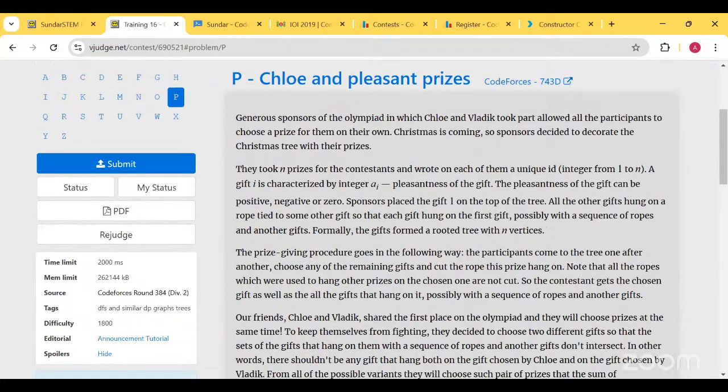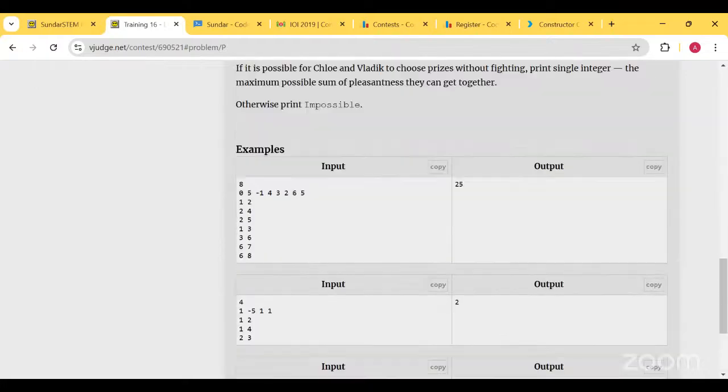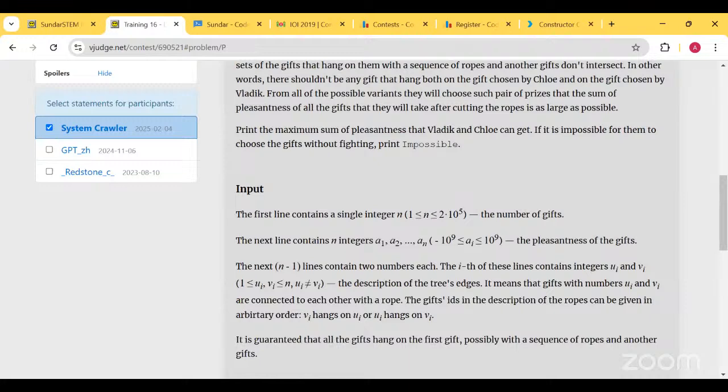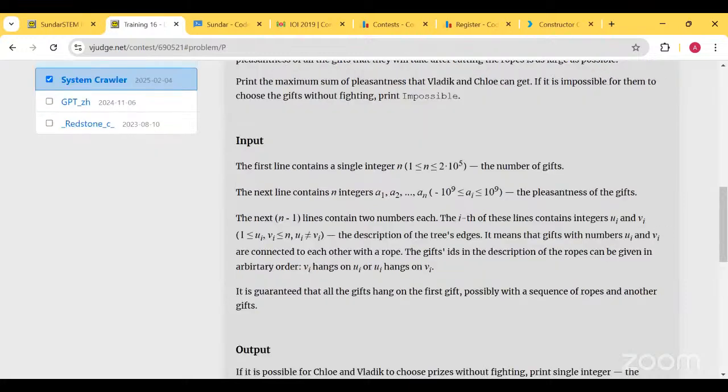So let's continue to problem B. For problem B, given a tree and there are some values in its nodes, and the value is sometimes negative.